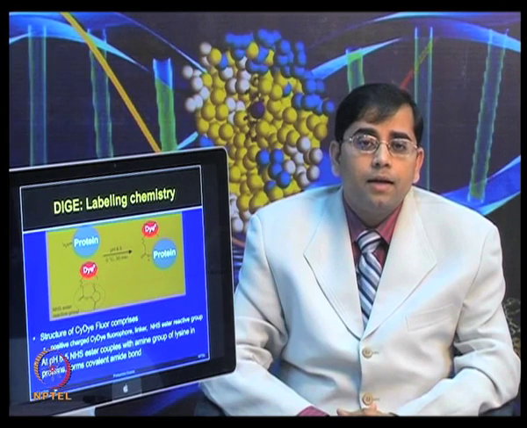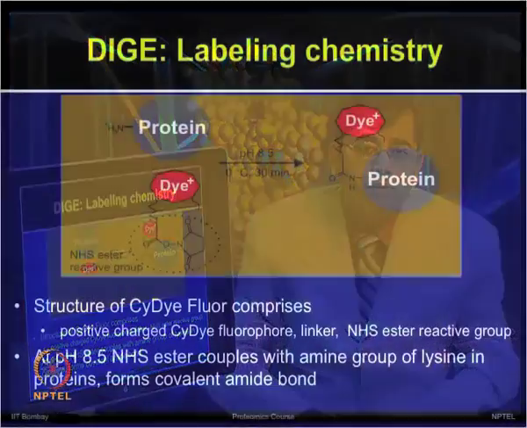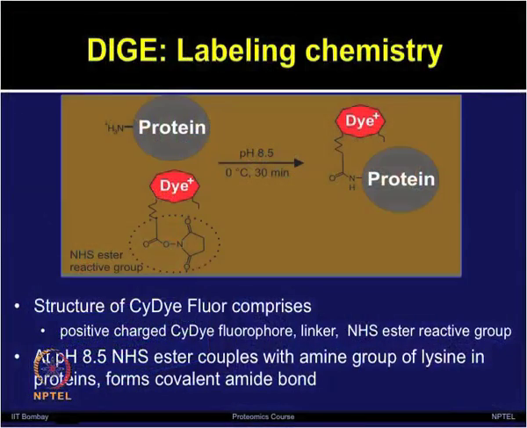Now, in this slide I will describe the labeling chemistry. As you can see in the structure here, the structure of Psi difluor is comprised of a positively charged Psi difluorophore, a linker, and an NHS ester reactive group.